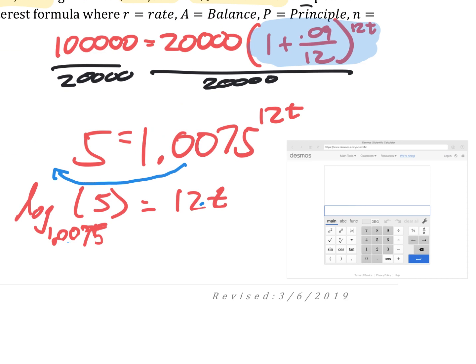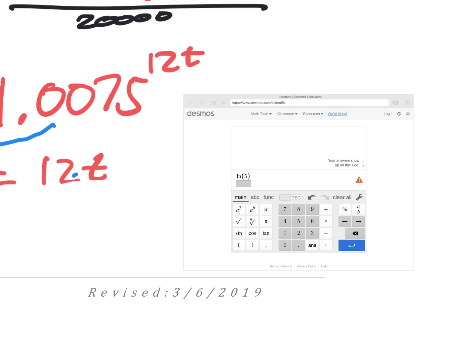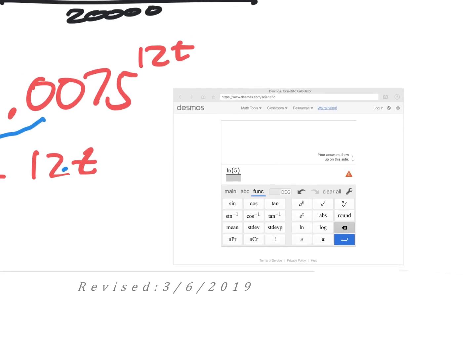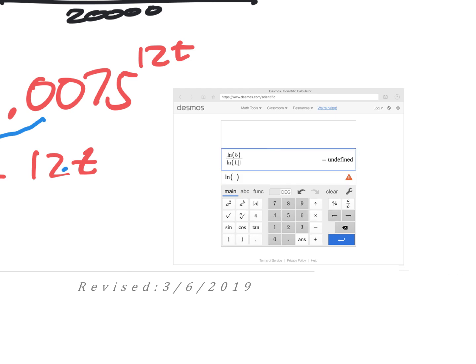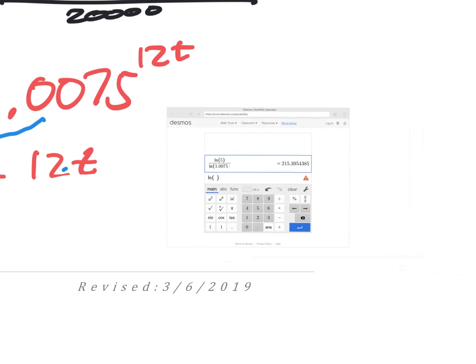So let's get that in our calculator here. We've got to use a change of base here. So we're going to do the natural log of 5, close those parentheses, divided by the natural log of 1.0075. Okay, so there's that number there.